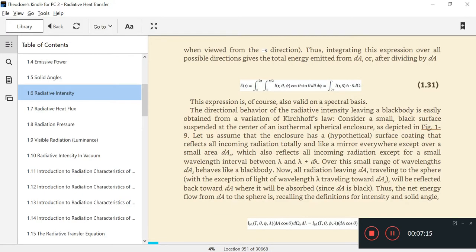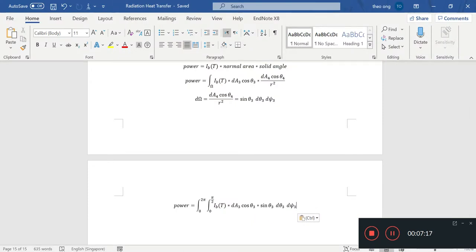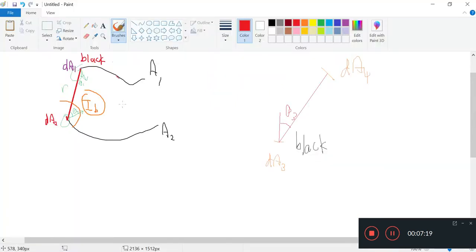If we can just recall, where's my mouse? There you go. Let's use a thicker color. Theta 3 starts from here and goes all the way here, so this is from 0 to pi by 2.